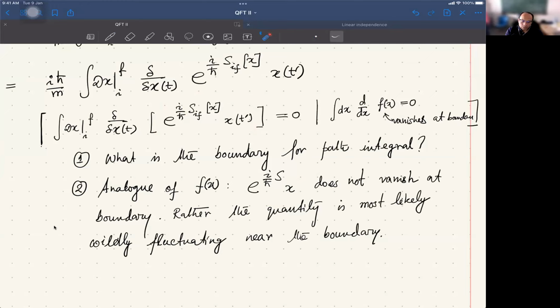Now we will do that later on. It's called euclideanization of the path integral. We will explain that in detail later, and we will see that there is a way of doing an analytic continuation, in which the analytically continued expressions for path integrals are computable, and there you can show that it does vanish at the boundary, for largely deviated paths.